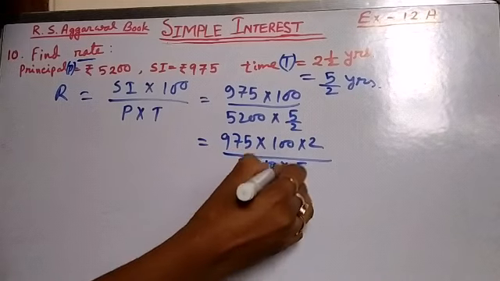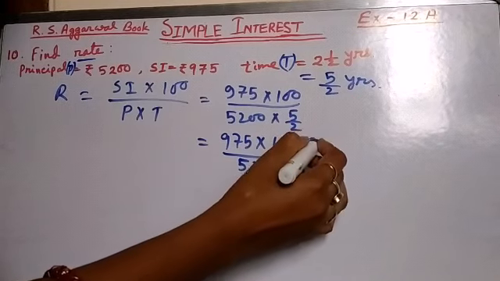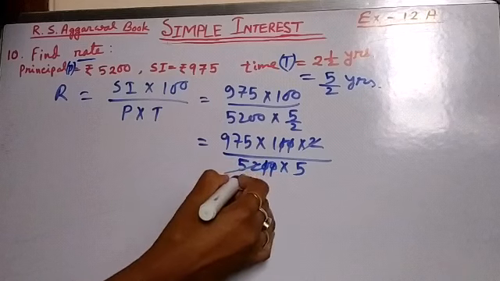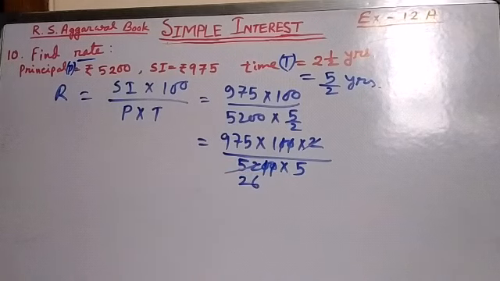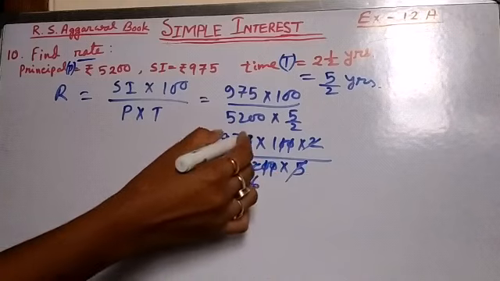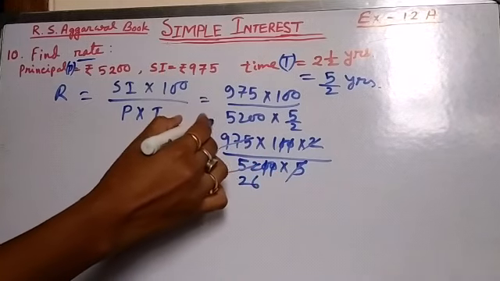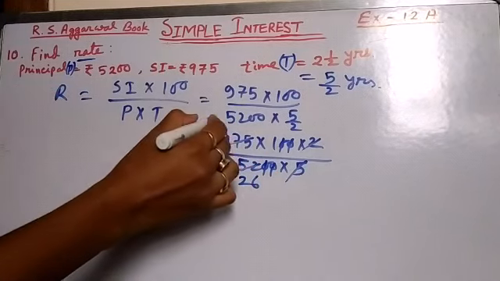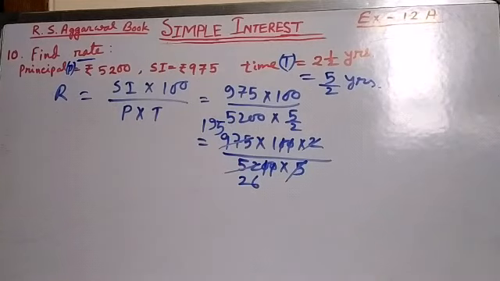Now these two zeros can be cancelled. 2 2s are 4, 2 6s are 12 by 5. 5 1s are 5, 47, 5 9s are 45, 2, 5. That means 5 5s are 25.